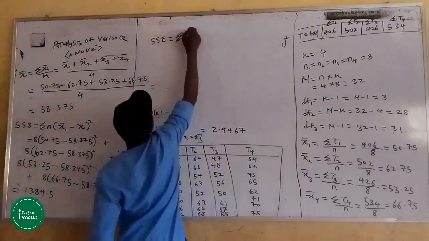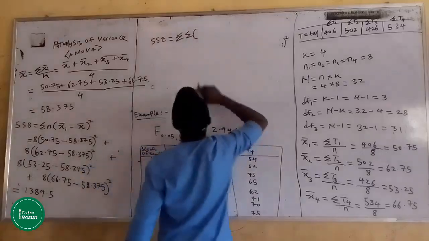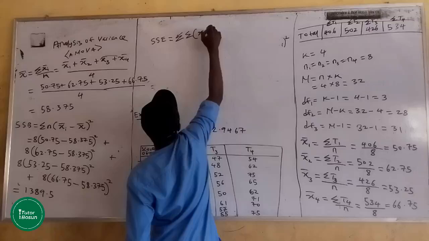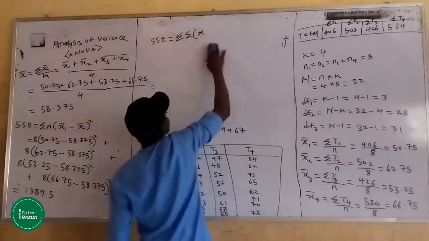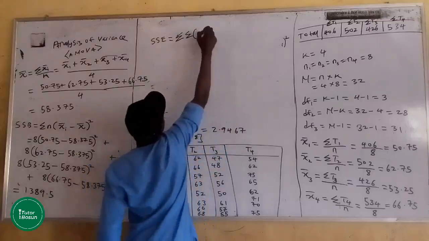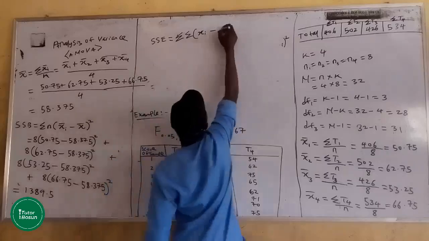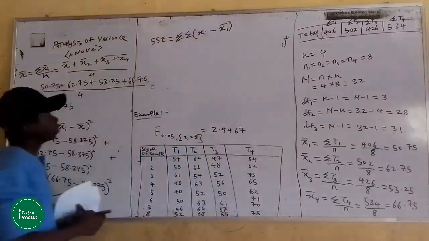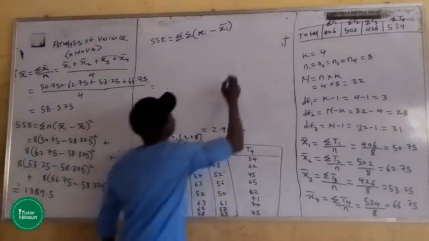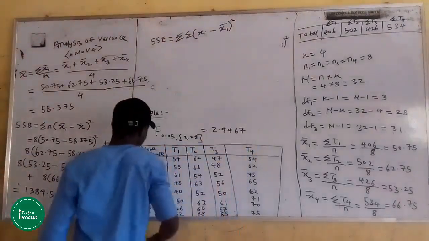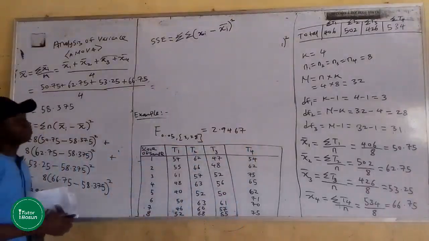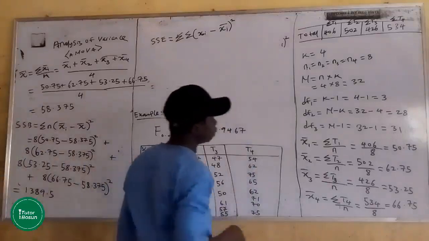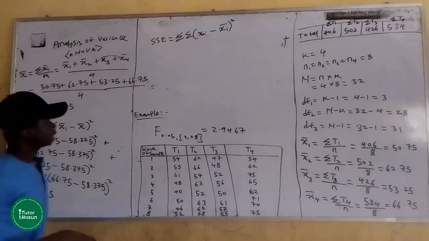Remember, SSE equals the summation of the summation of xi minus xi bar, squared, to get our sum of squares of error.